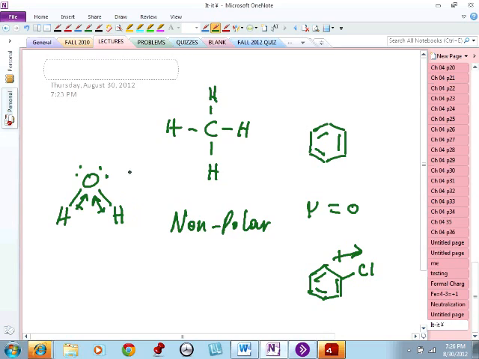But overall, within this molecule, there is a net dipole moment because there are more electrons on this side of the molecule than on this side. Follow that? Okay.